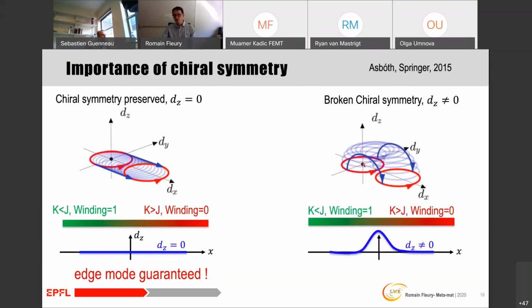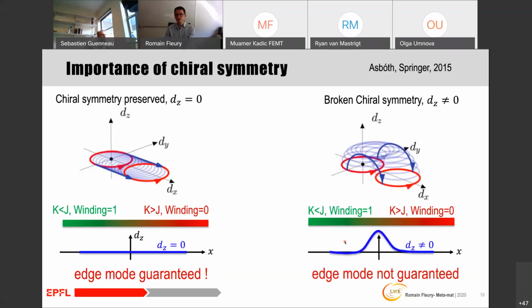So if I connect a system with winding equal 1 here far from the interface and winding equals 0 here, by an interface in which dz, or the chiral symmetry, is broken, like this, for instance, well, maybe this function dz of x can lift this circle and prevent the edge mode from appearing. So I don't necessarily have an edge mode. So this is very important. We have edge modes that are protected by this special chiral symmetry.